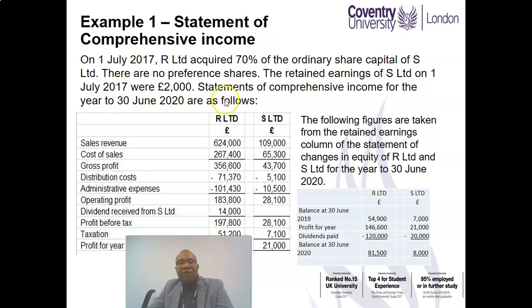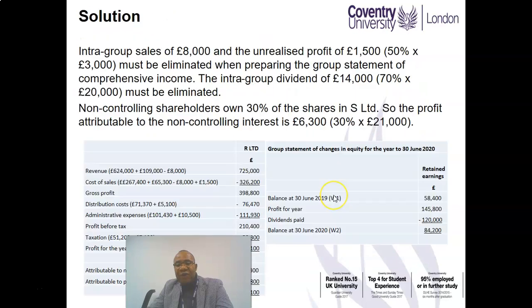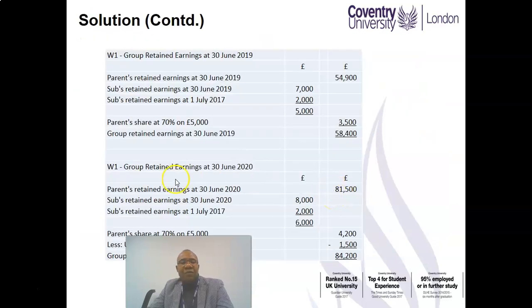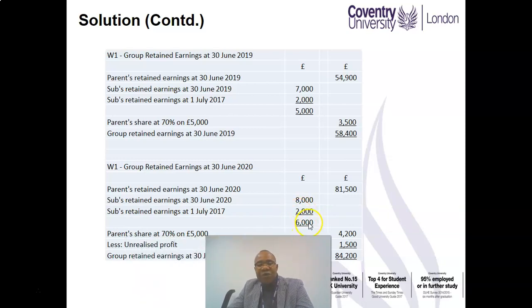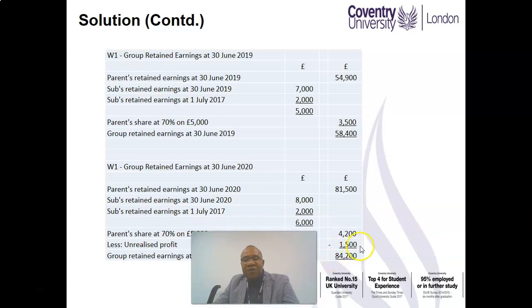And then we need to deduct from that the unrealized profit of 1,500. So there we are. The retained profit for the parent is 81,500, and that is the 8,000 for the subsidiary, less the profit at the date of acquisition, and so we have 6,000 post-acquisition profit. 70% of 6,000 is 4,200, less the unrealized profit of 1,500, that gives us 84,200.